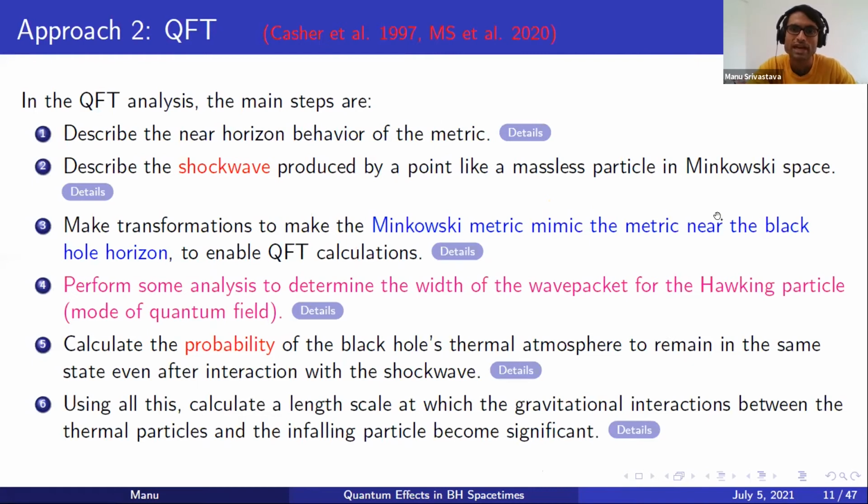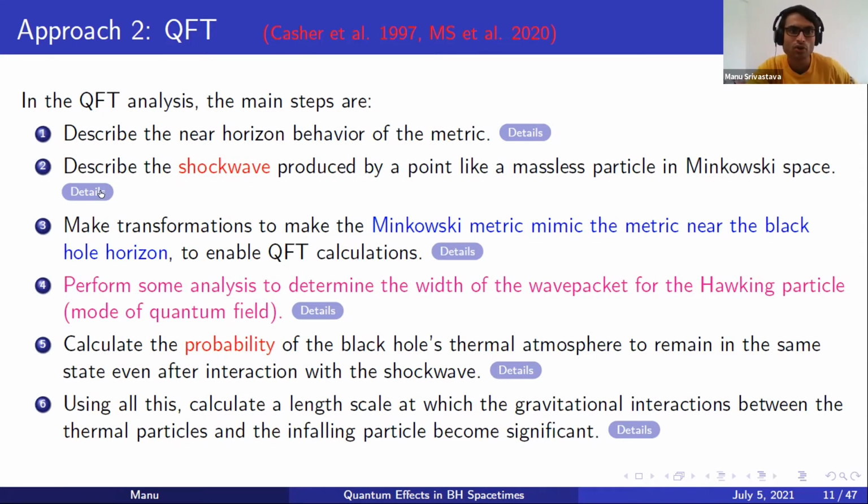So if we have the behavior of the shock wave, or of this massless particle in Minkowski space, we can extend it to the near horizon behavior using some coordinate transformation. And because we know the behavior in Minkowski space, we can do QFT calculations without any problems.